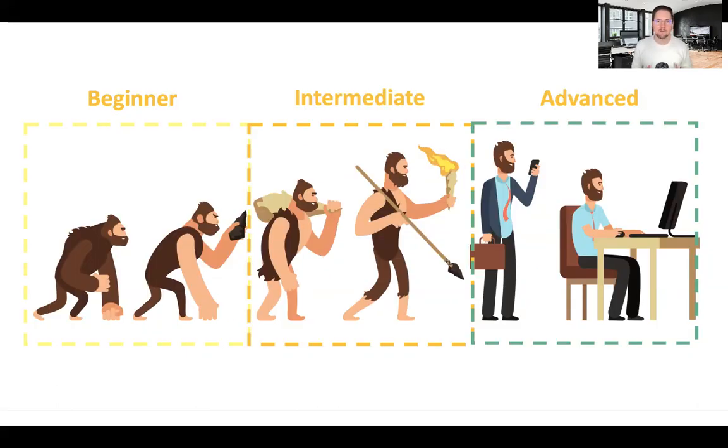So let's get back to the taxonomy. And I just want to clarify one point here. What we're talking about when we're saying beginner, intermediate and advanced is where you're starting out. So if you have zero cases today, then you're going to be a beginner. If you have some cases today, you're going to be intermediate. And if you're more established, you're going to be advanced.